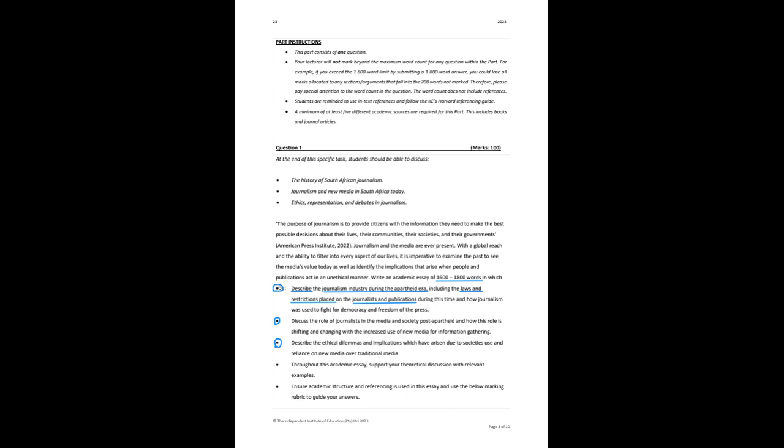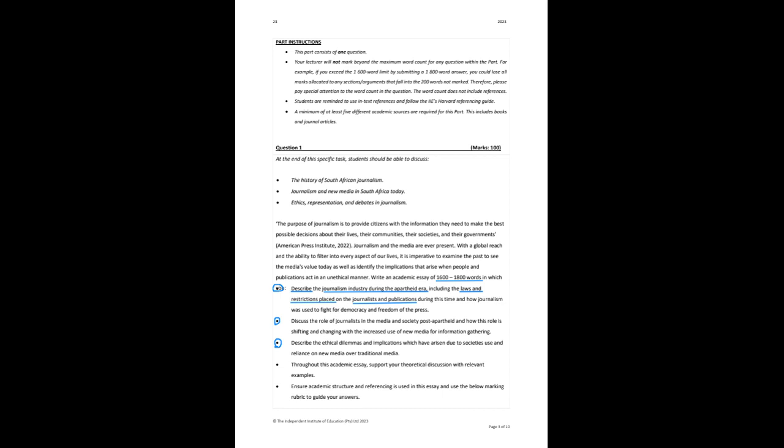So paragraphs are important. I would personally break this up into the apartheid era in terms of the laws, restrictions, censorship, and what have you. Like we talked about the redacted information, the laws in place about other political parties, the lists of banned journalists, all that kind of thing.